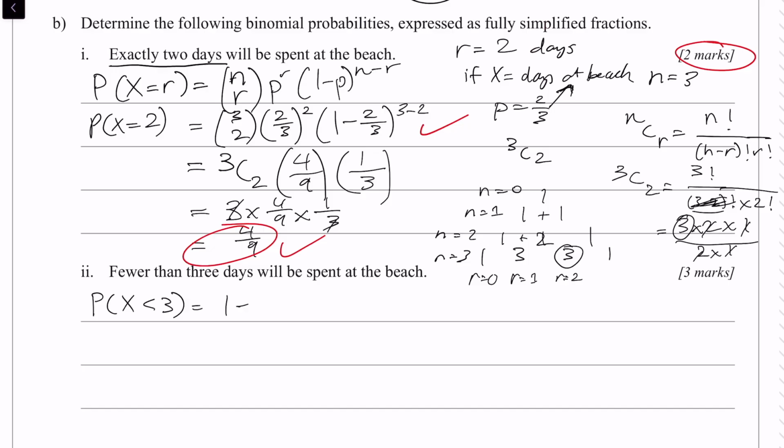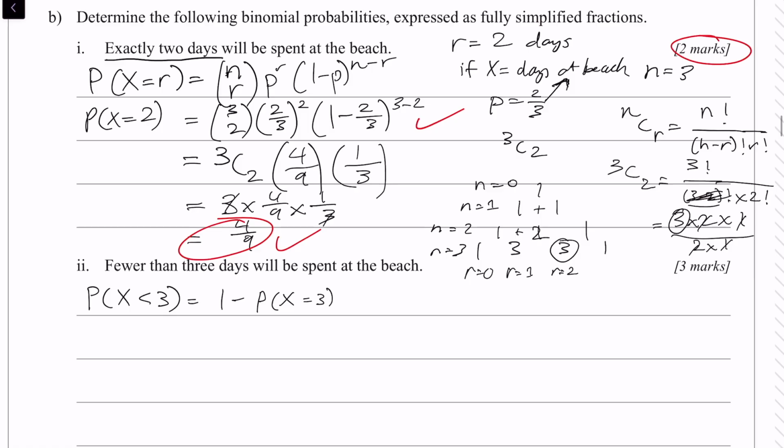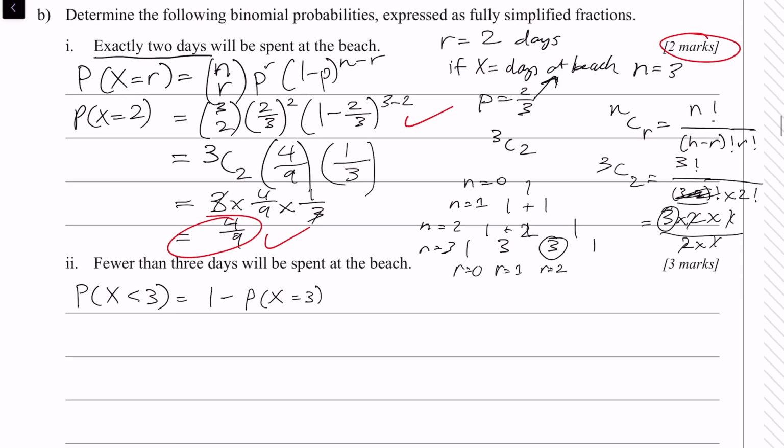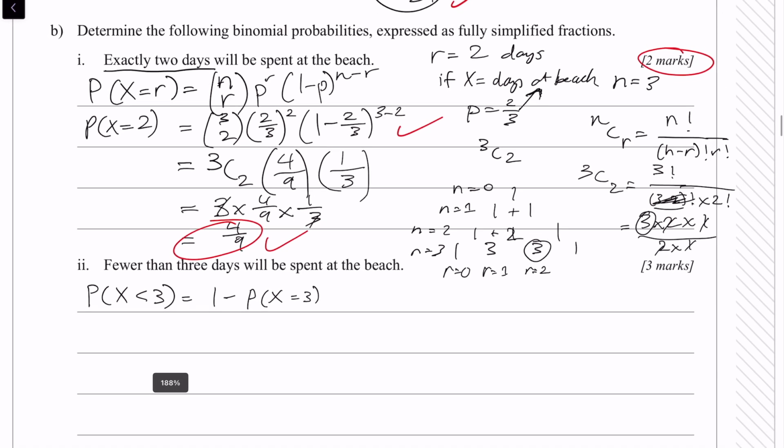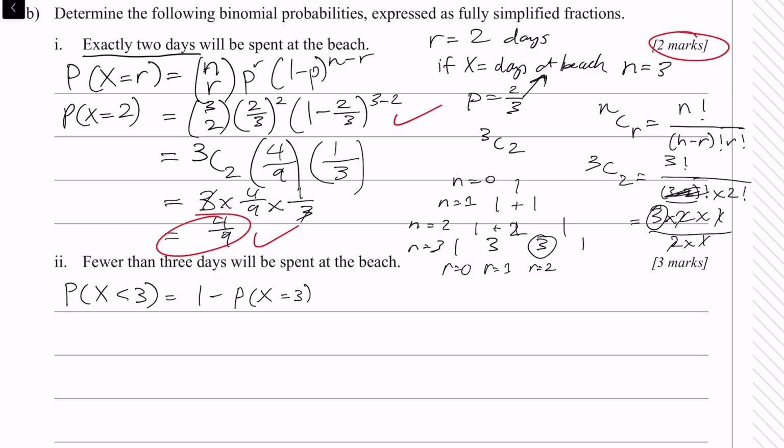Of all the combinations minus the probability that x is equal to 3, right? Because essentially what we're doing is, if we're trying to find the probability that fewer than 3 days will be spent on the beach, then we're trying to find the probability that 0, 1, or 2 days will be spent on the beach.